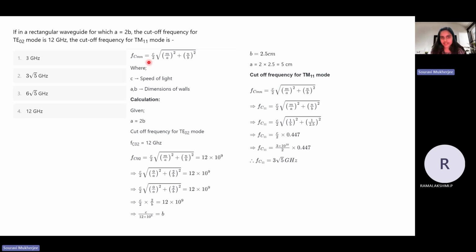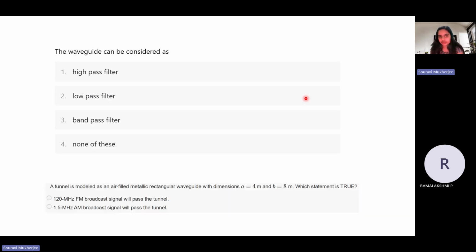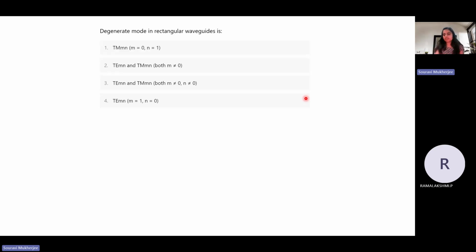There, in one case, we have 1,0, like M1 and N0, and in another case, we have both M and N being 1. That's the difference, right? The lowest frequency is different. But for a given particular mode, the expression of cutoff frequency for TE mode and TM mode is the same, right? So now that we know that, can you tell me what the answer should be?